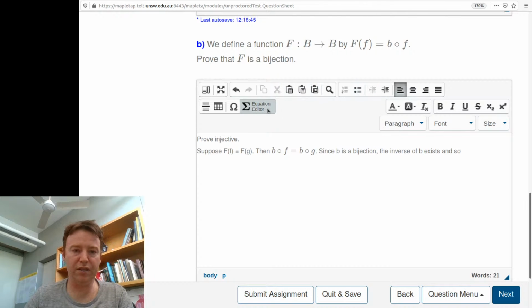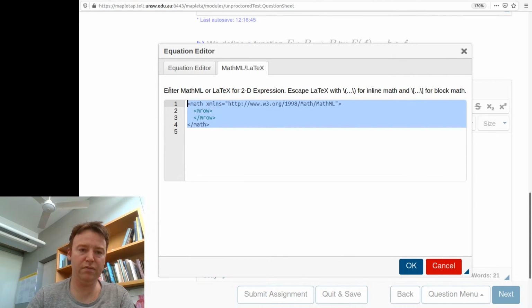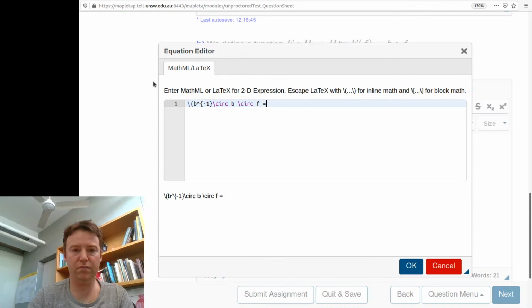Now I'll just do that again: B inverse circ B circ f equals, just copy that, B inverse circ B circ g.